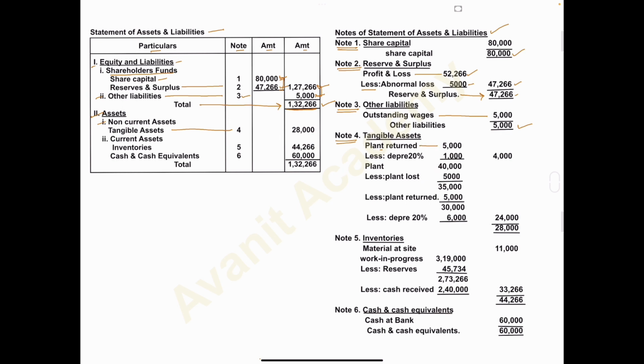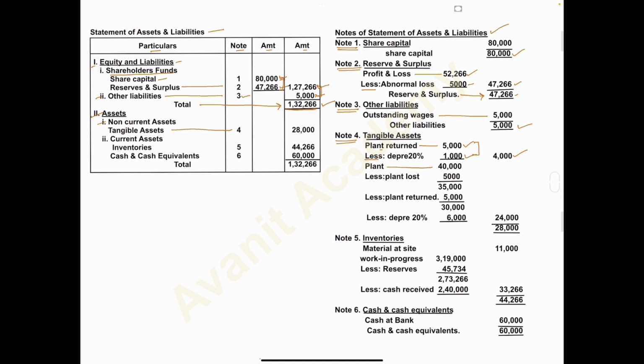So in contract account we have taken a plant returned. Value of plant returned is 5,000. From that less depreciation. Depreciation at 20%, you will get 1,000. We have already calculated these things in contract account. So from 5,000 minus 1,000, you will get 4,000. You have to write in outer column 4,000.